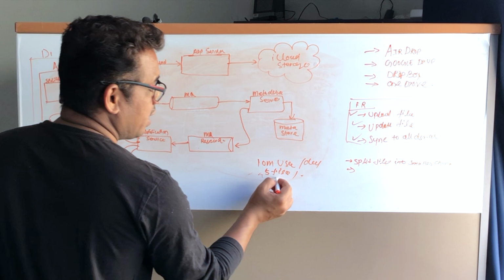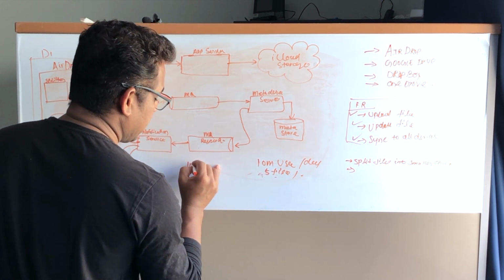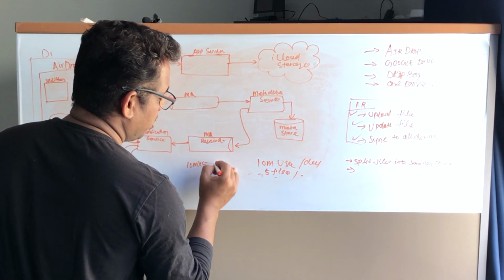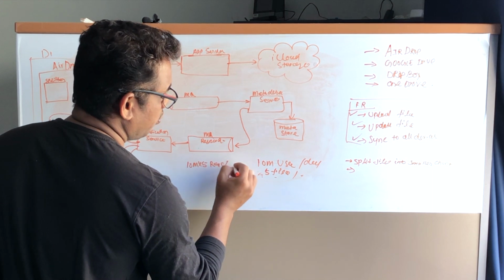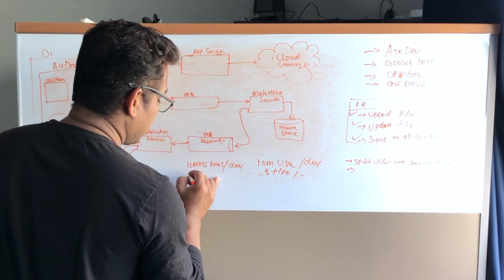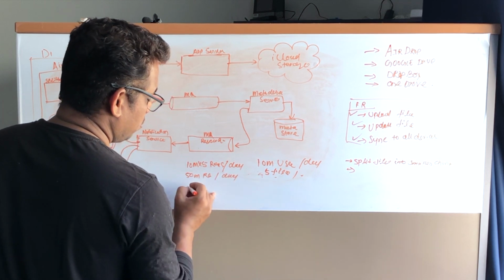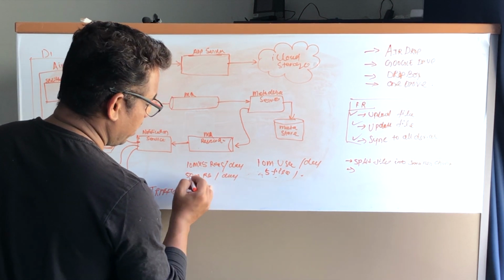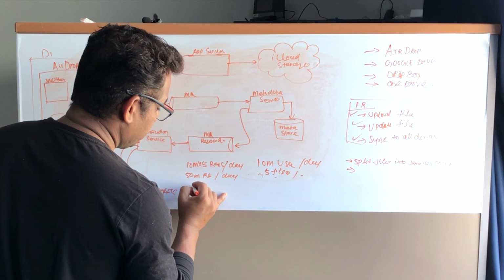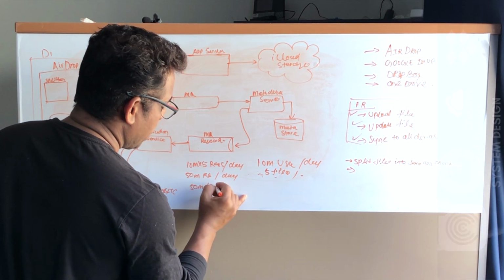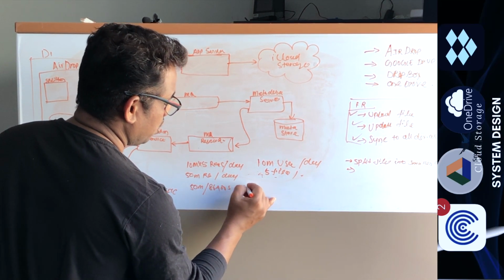So 10 million into 5 is 50 million requests per day. That means the traffic will be 50 million divided by 400 seconds, so equal to what?